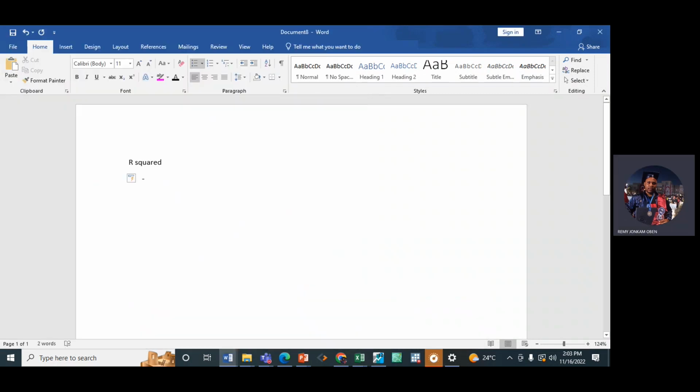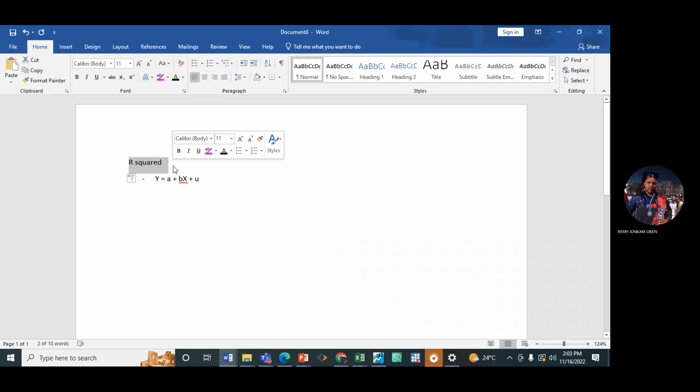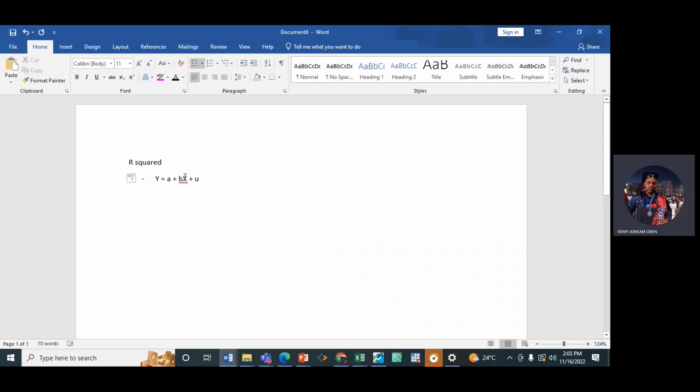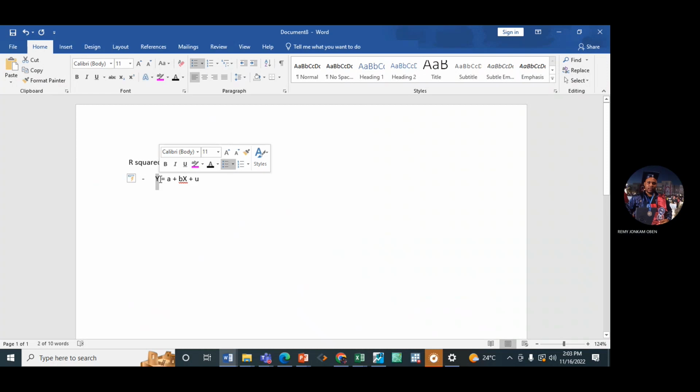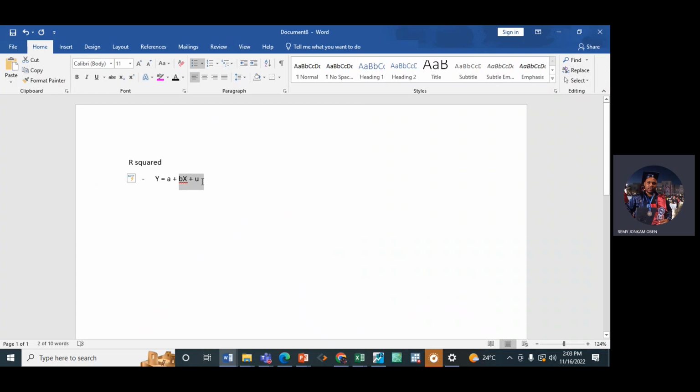Actually, what is our model? Our model is y equals alpha plus beta x plus u. So if the explanatory power of the model is high, it simply tells you that the variation in y, the dependent variable, can be explained well by the variation in the independent variable.